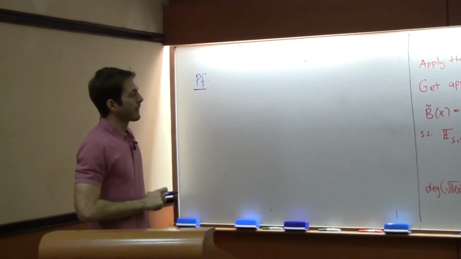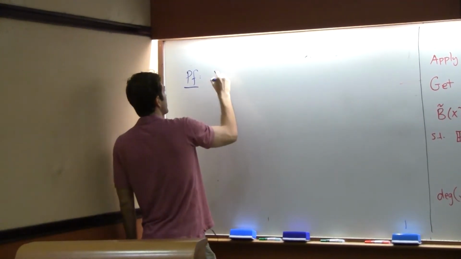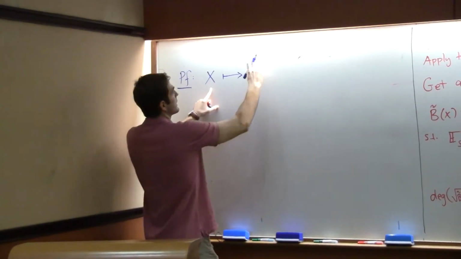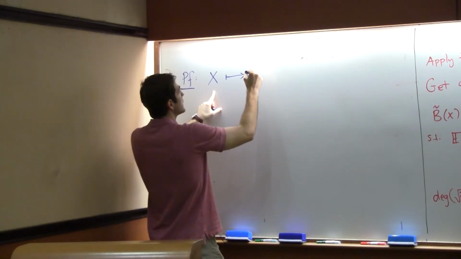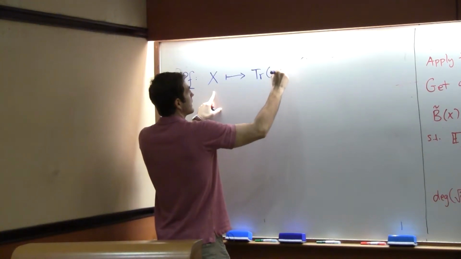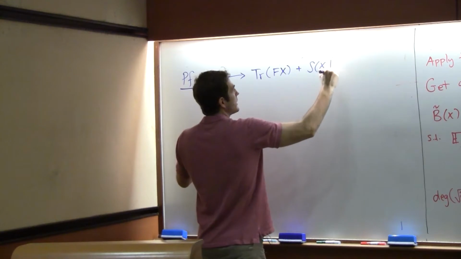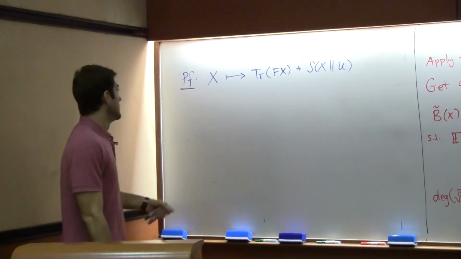Consider the following map. We map x to the trace of f x plus the relative entropy between x and the maximally mixed state.